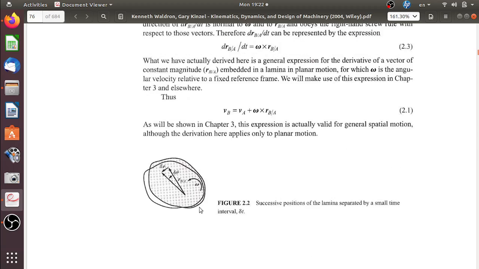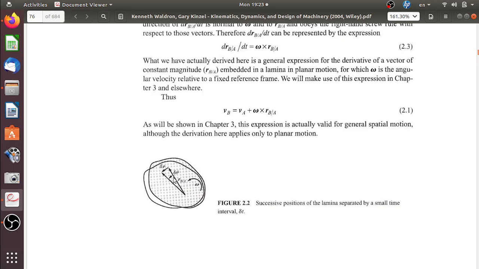So we will take a scenario where the body gets rotated. When the body rotates in this direction, in a very short interval of time, initially this is the RB/A vector and this is the final RB/A vector.